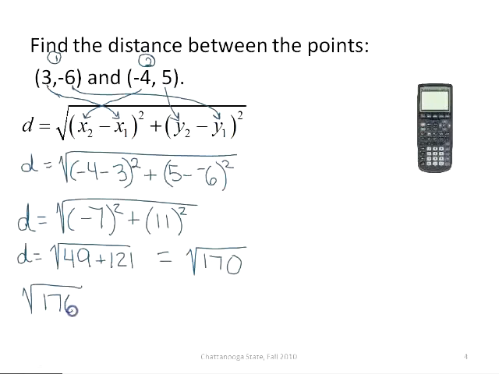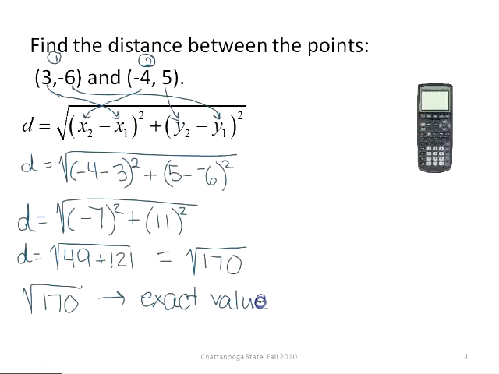The square root of 170 is what we call an exact value. Because the 170 is not a perfect square, when we go to our calculator to find the value for the square root of 170, it's going to give us a non-ending decimal value.